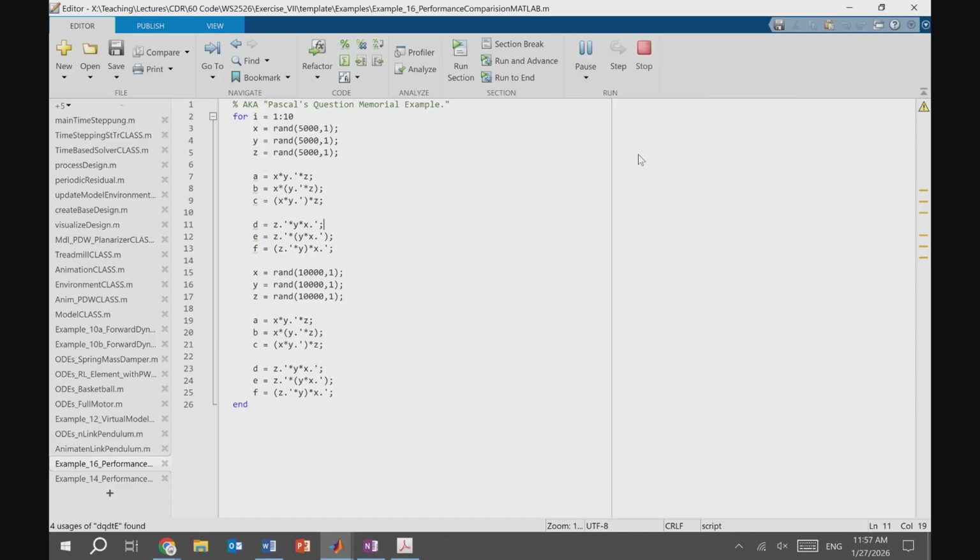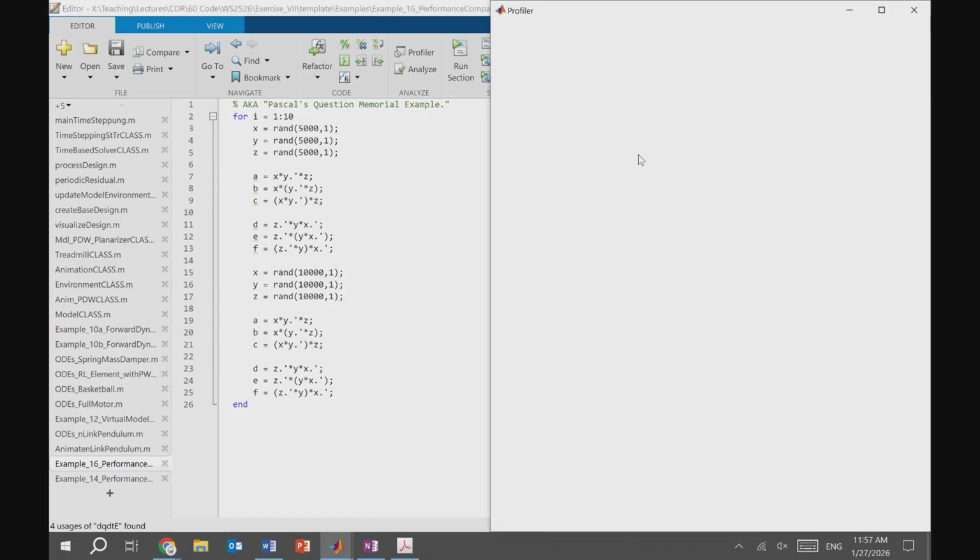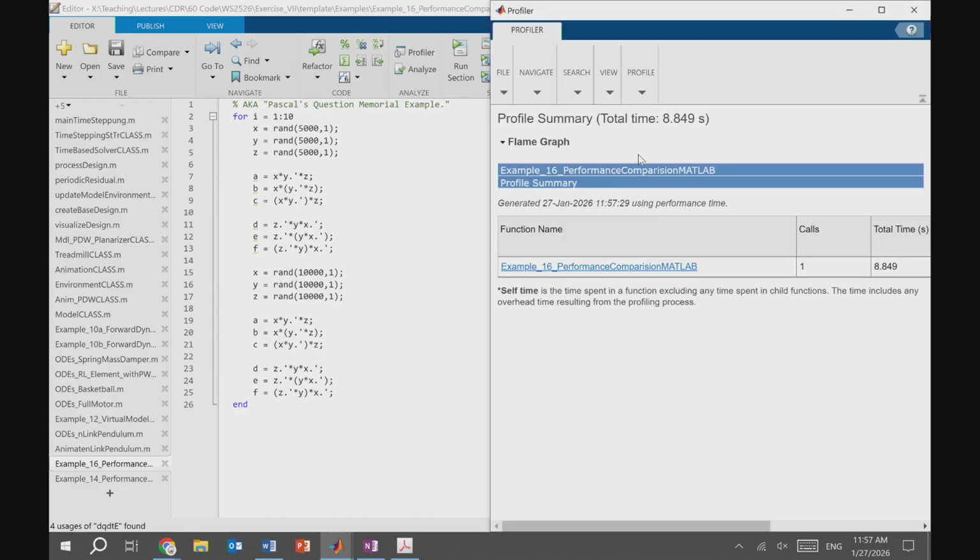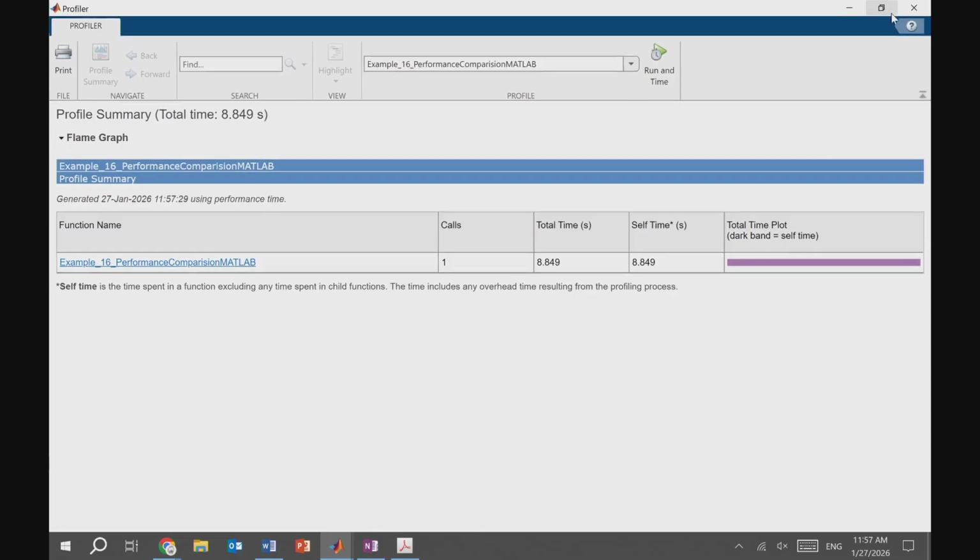But here we're going to do run and time. While we do run and time, I shouldn't touch my computer, so as not to throw off the results, because if other operations are happening in the background, MATLAB would slow down, and this would bias the results. And then you get here the total computation time, almost 9 seconds.